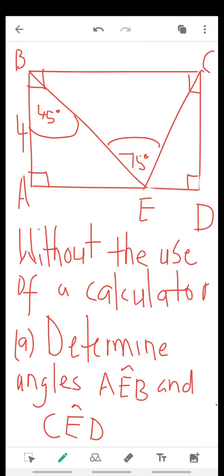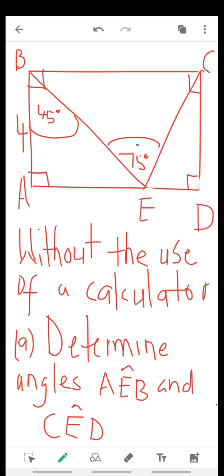From the diagram, BEC, meaning they are talking about this angle here. BEC is 75 degrees. Okay, let me ask you something. What do we call triangle ABE? We call triangle ABE a right angle triangle. That's one.